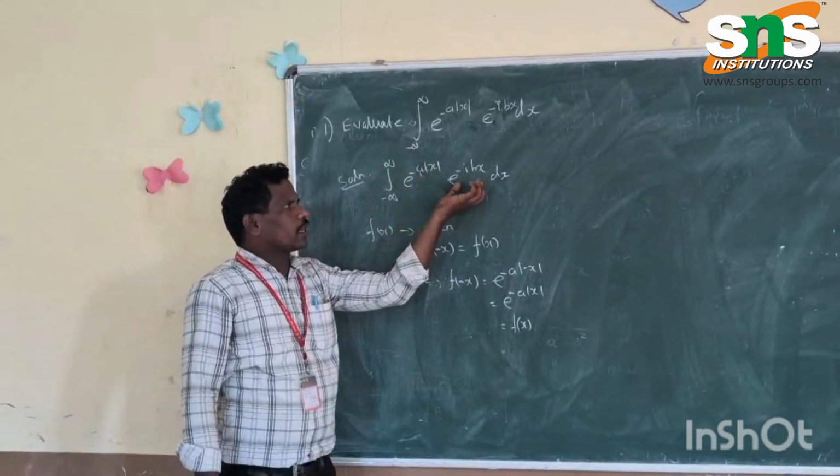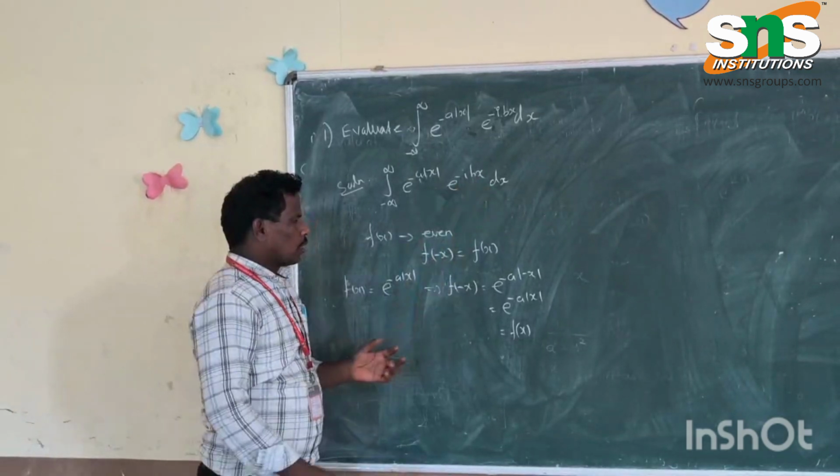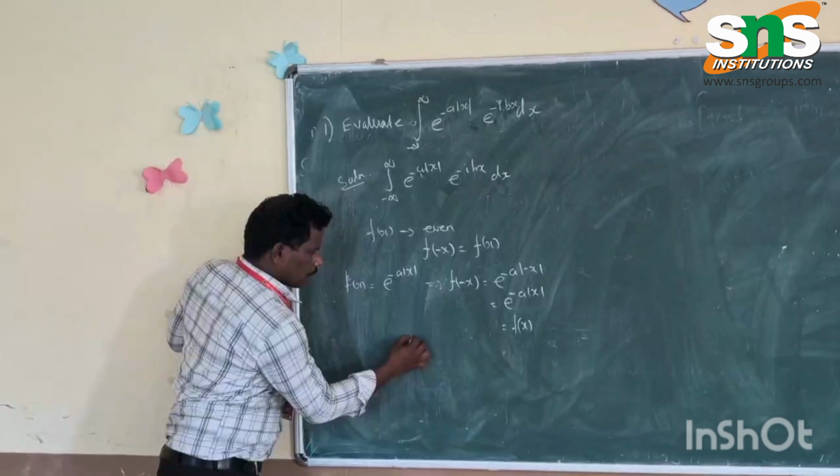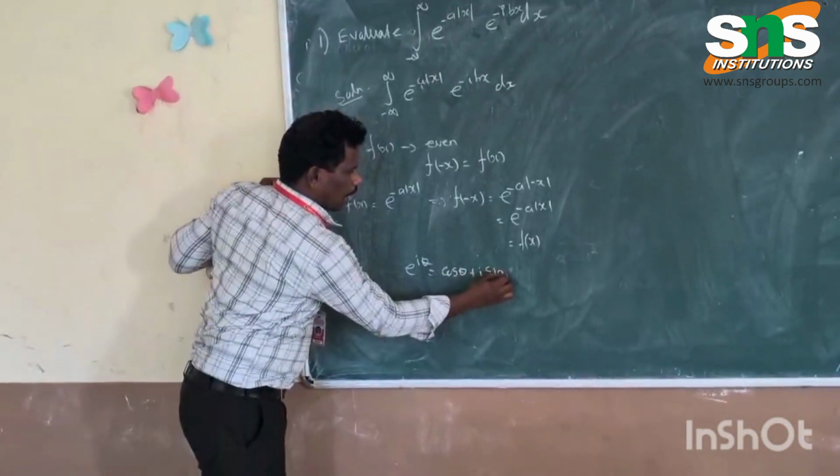Now the other term: e power i theta. We know that e power i theta is cos theta plus i sin theta.